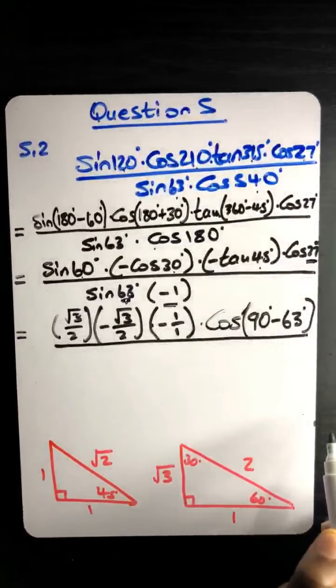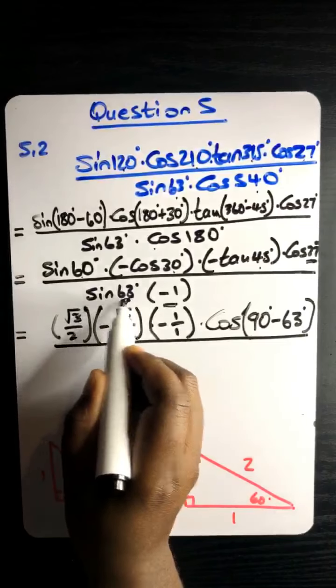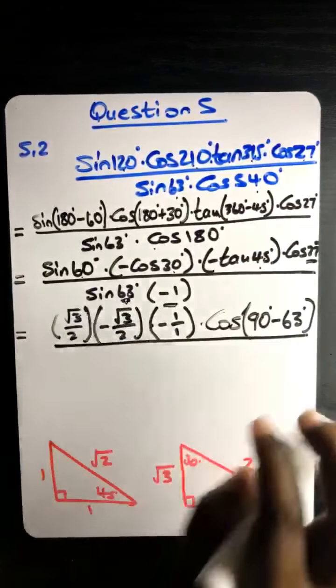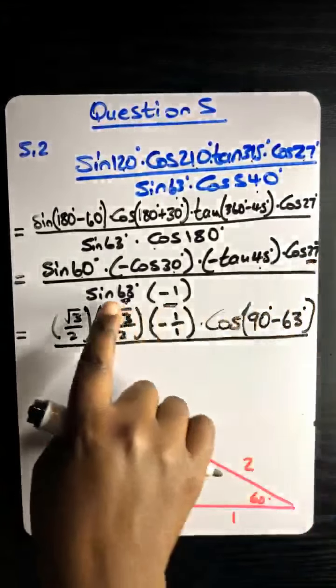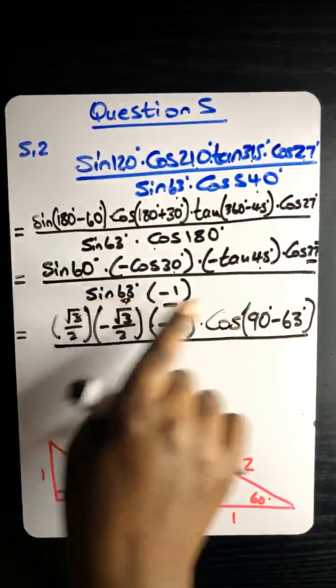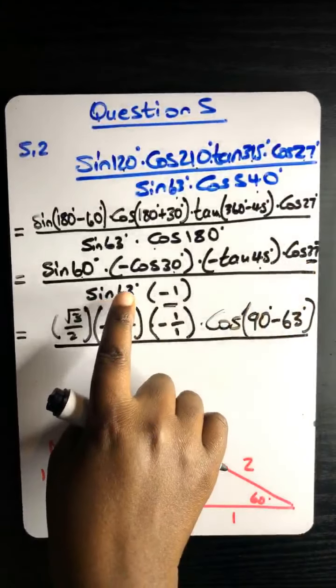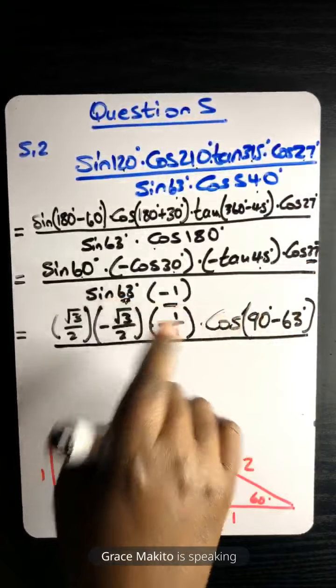Do you guys agree? Yes, I agree, sir. Okay, so this one, you just write it as it is. So it means you either change that one or you change this one. If you were changing this one, that means you leave that one as it is. So that means here you're going to have a 90 minus 27.